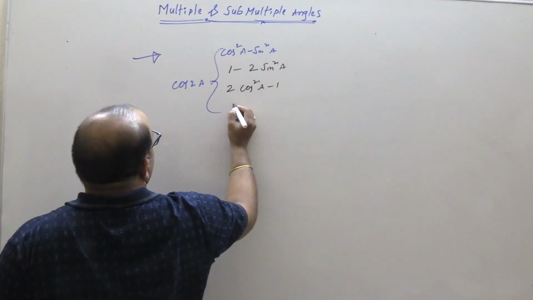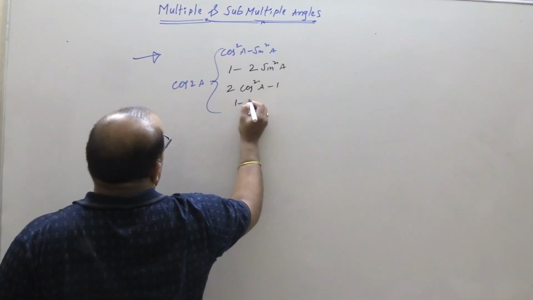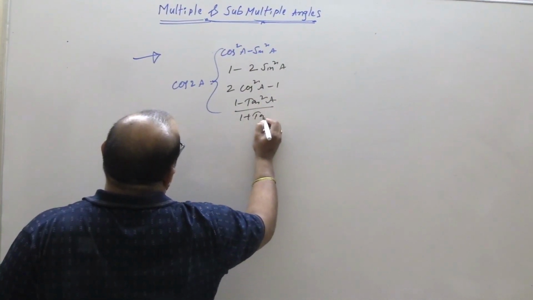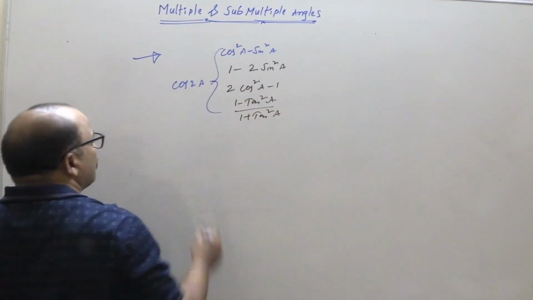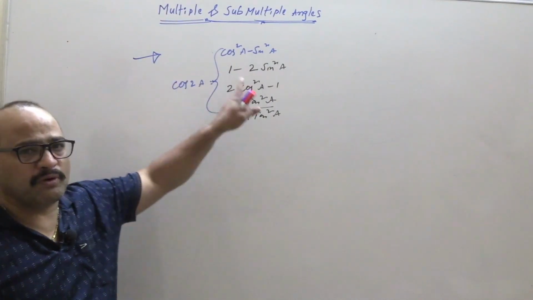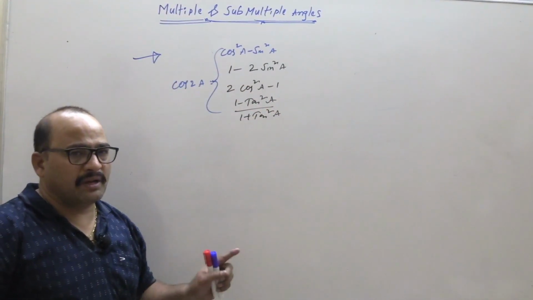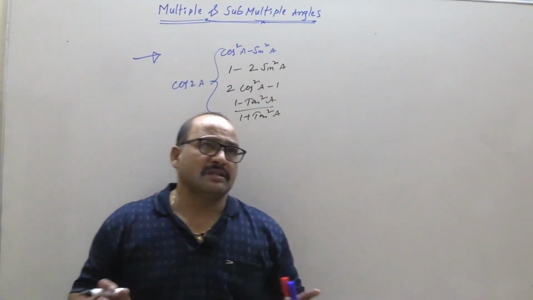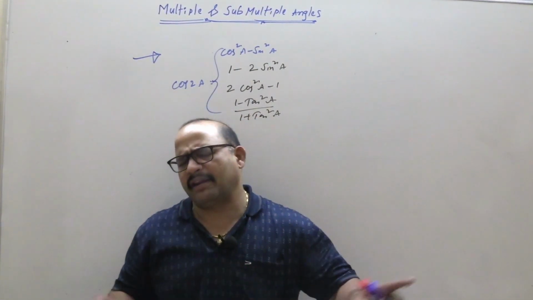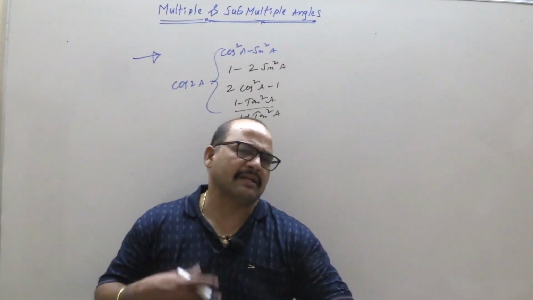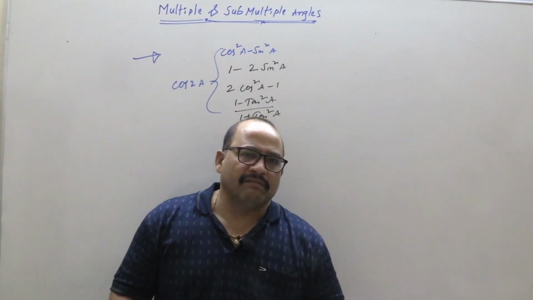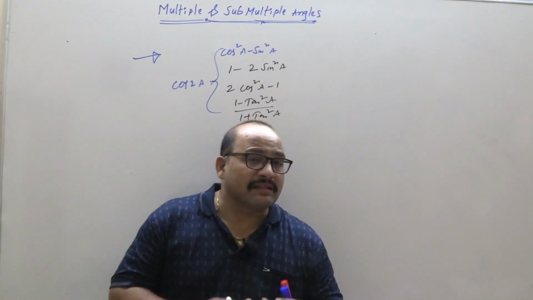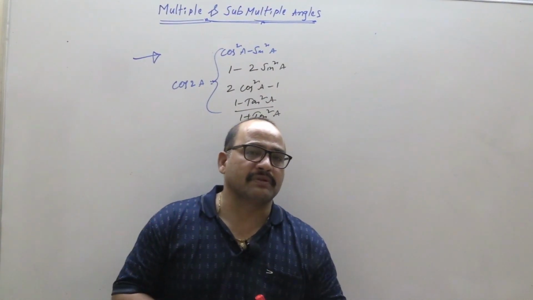Next, 1 minus tan square A by 1 plus tan square A. Now I have proved it; listen, the 4 formulas for cos 2A are finished. Once you learn these formulas, don't memorize them by heart; just understand the mechanics. In each and every problem of first year and second year mathematics, when you are preparing your synopsis, think about how solid these results and proofs are.